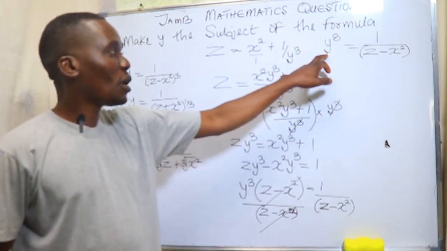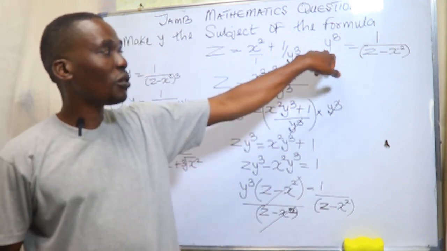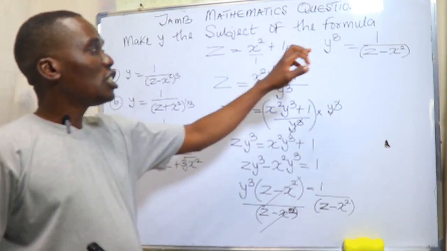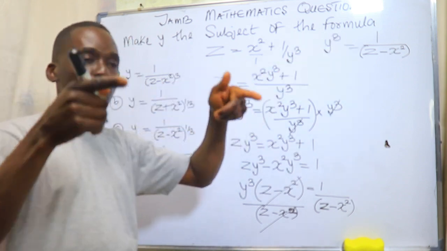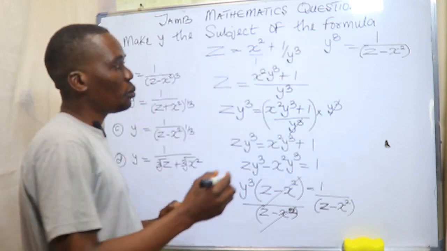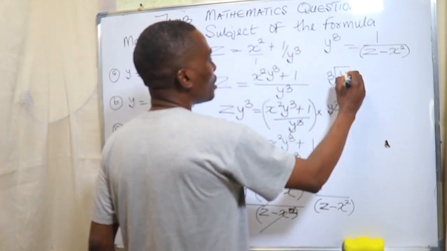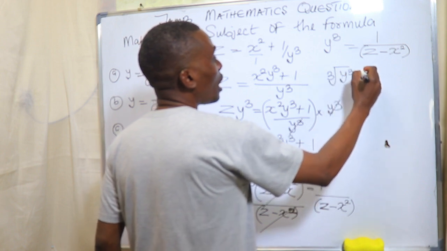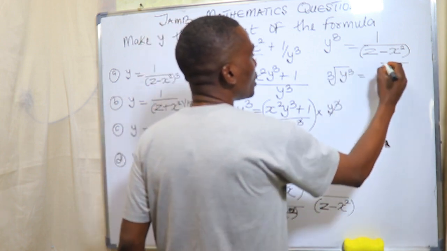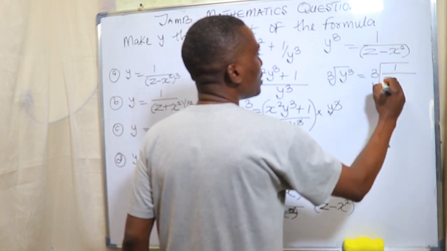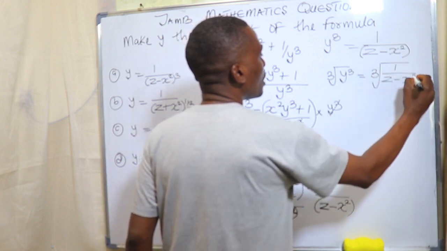I want to make y the subject of the formula, not y to the power of 3. So since this one is cubed, we will cube root both sides to remove the cube. If I cube root this side, I will also cube root this side, 1 divided by z minus x squared.